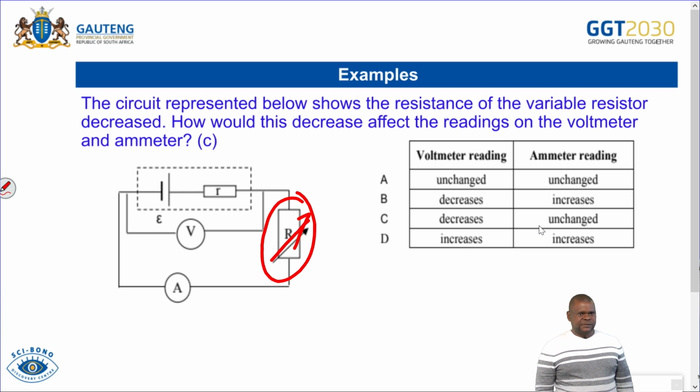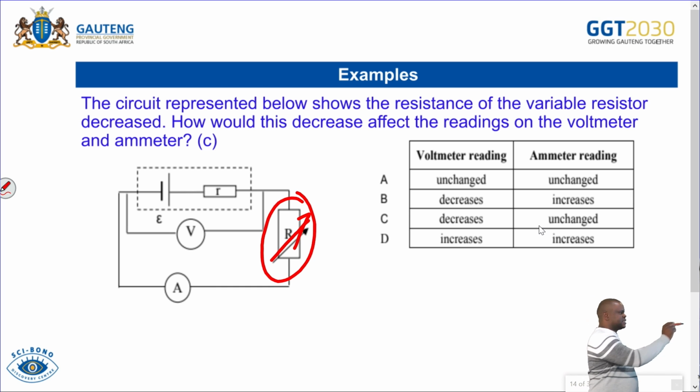C says the voltmeter reading decreases and the ammeter reading is unchanged. D says an increase in the voltmeter reading and an increase in the ammeter reading. Okay, what is the correct answer, grade 11s?